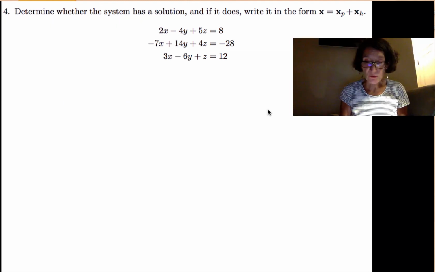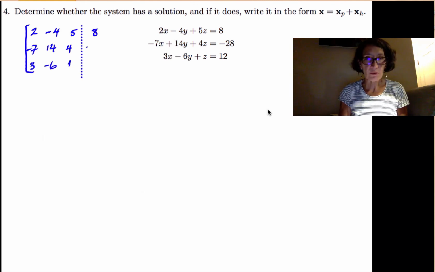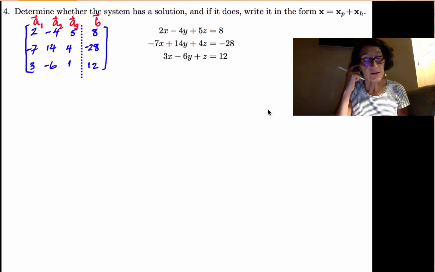If we write down the augmented matrix, we get 2, -4, 5, -7, 14, 4, and 3, -6, 1 for the coefficient matrix. The last column, the augmented part, is 8, -28, 12. The columns of A are A1, A2, A3, and then b is the last column.